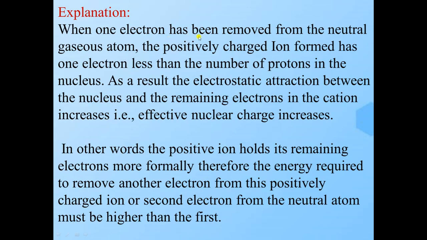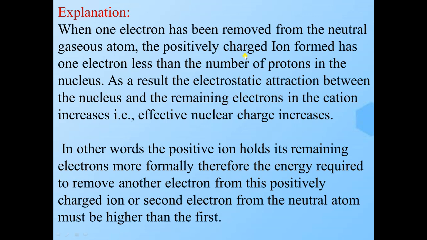When one electron has been removed from the neutral gaseous atom, the positively charged ion formed has one electron less than the number of protons in the nucleus. As a result, the electrostatic attraction between the nucleus and the remaining electrons in the cation increases. That means effective nuclear charge increases.